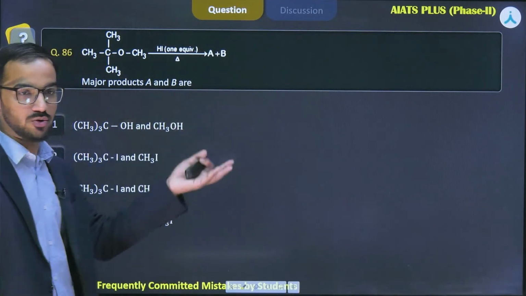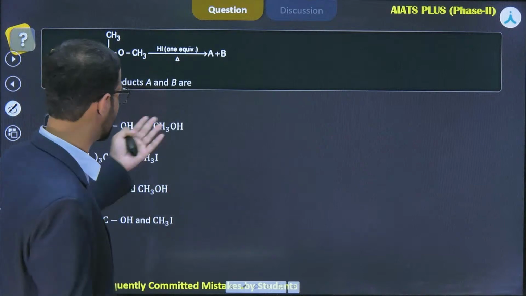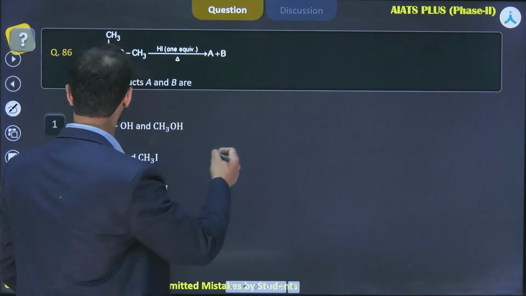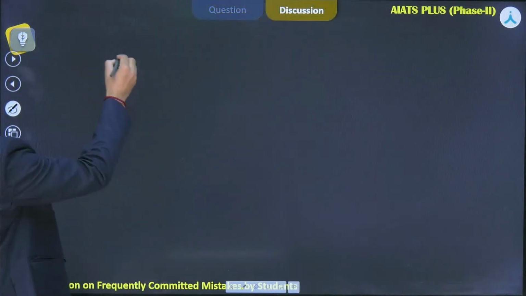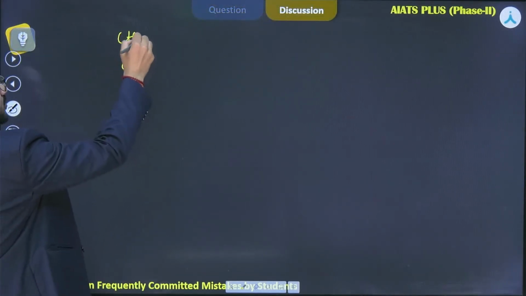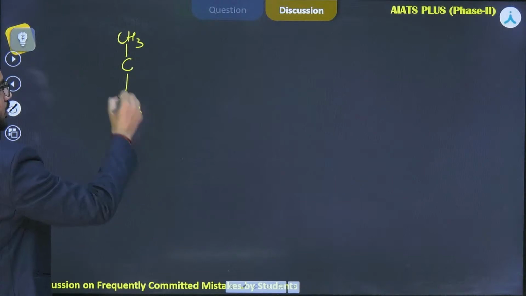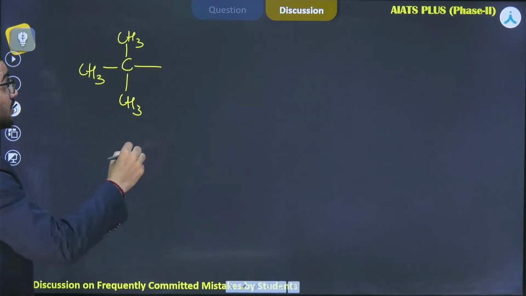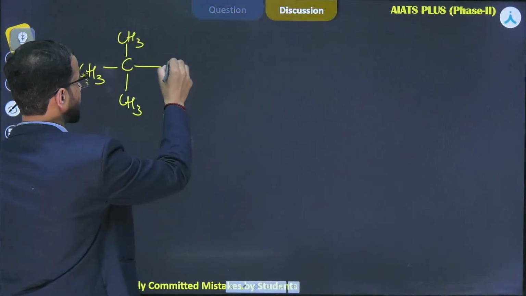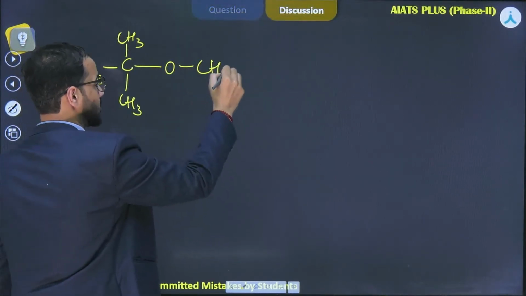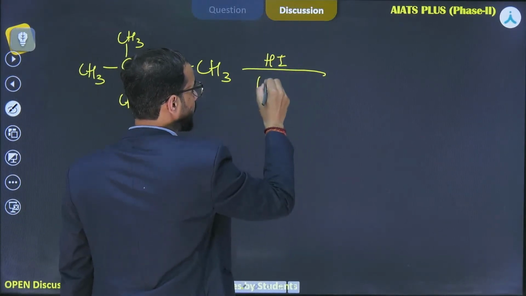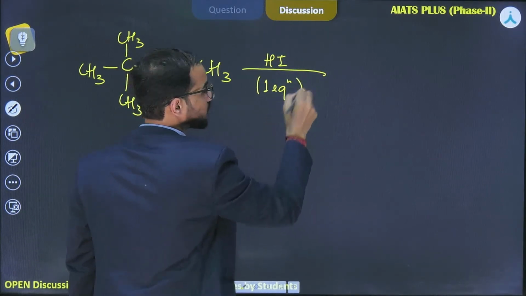Okay, let's try to do this so that the students who have not been attending the class may understand. Let us see CH3, CH3. The person who already knows, please revise it. It will surely help you somewhere. You are reacting with HI, only one equivalent you have taken.